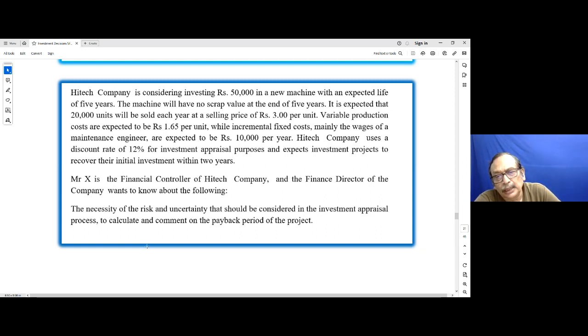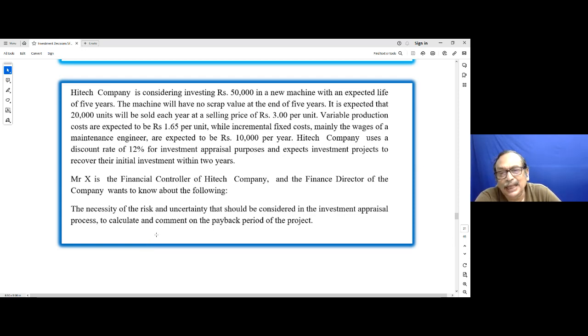Mr. X is the financial controller, and the finance director wants to know about the necessity of the risks and uncertainty that should be considered in the investment appraisal process, and to calculate and comment on the payback period of the project.